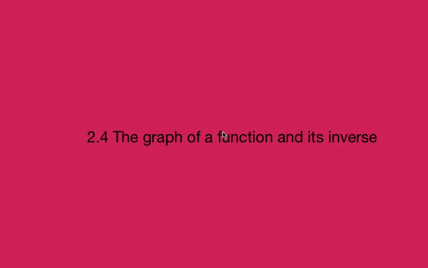Okay, today we're going to be talking about the graph of a function and its inverse. So, let us first of all consider some function. Let's consider a function defined by f of x equals 2x plus 1 for x belonging to all real numbers with the domain minus 4 less than or equal to x less than or equal to 2.